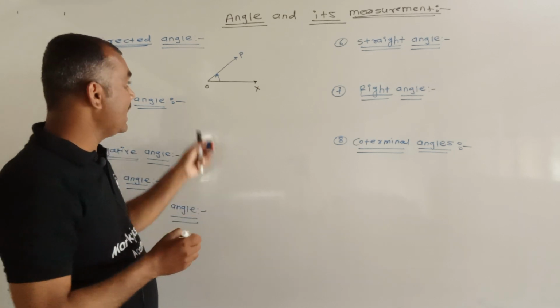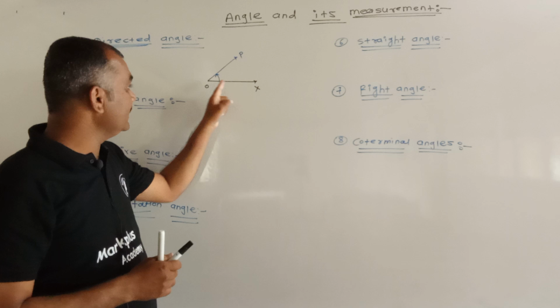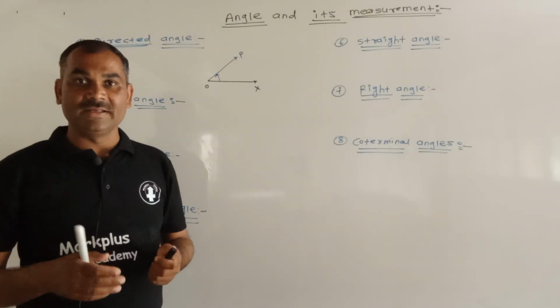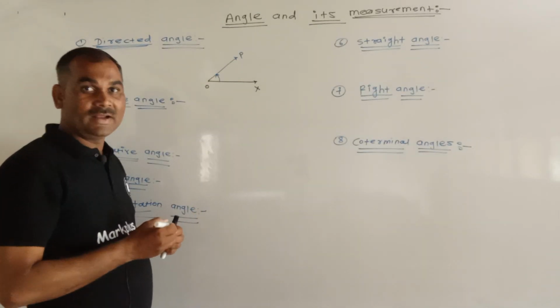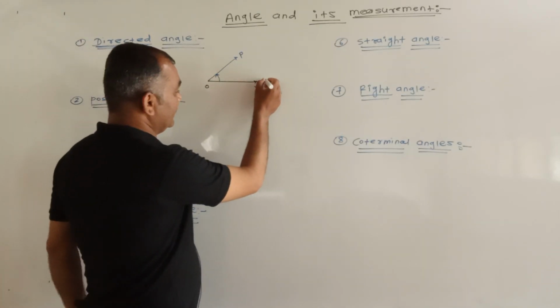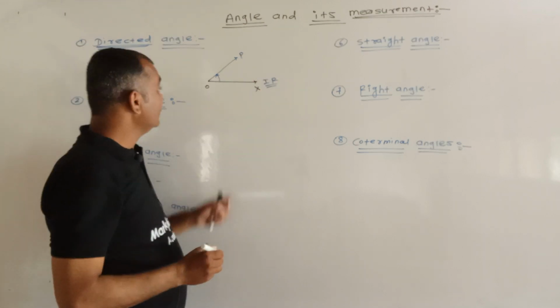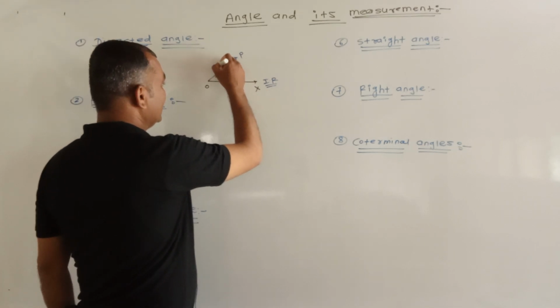Here three things are important. First, the ray OX is called the initial ray. Also the ray OP is called the terminal ray.